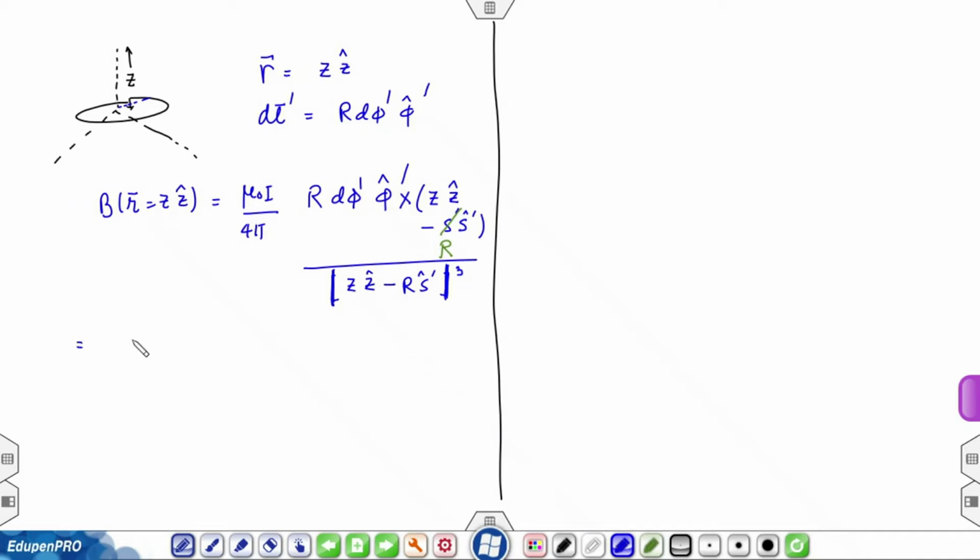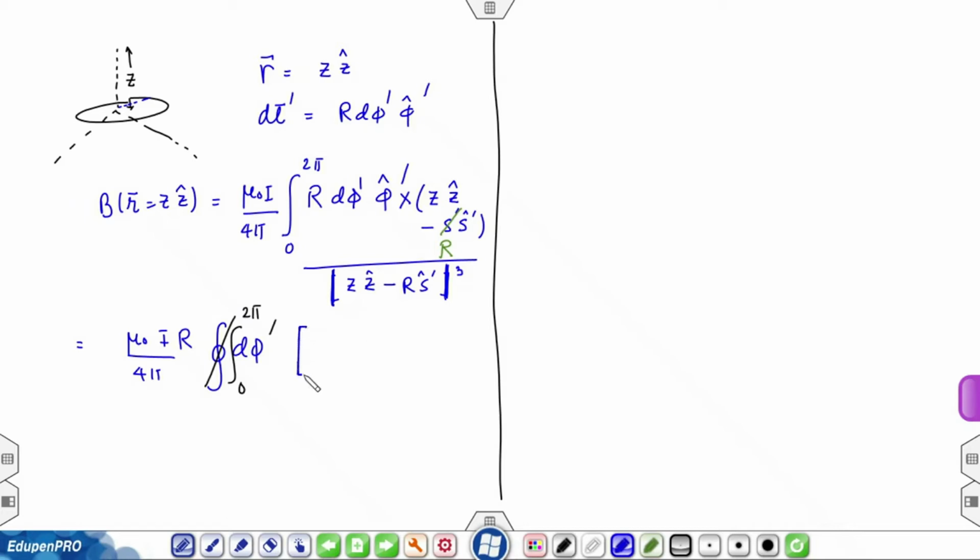So, this will come out to be mu naught I over 4 pi, and there will be an integral over 0 to 2 pi. R will come out, integration d phi prime. When I put this over the circle, it means I am doing the integration of phi prime over 0 to 2 pi d phi prime. Then I have phi prime cross z. Phi prime cross z is minus s.